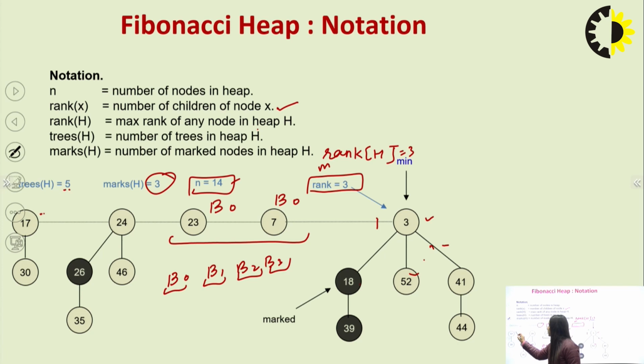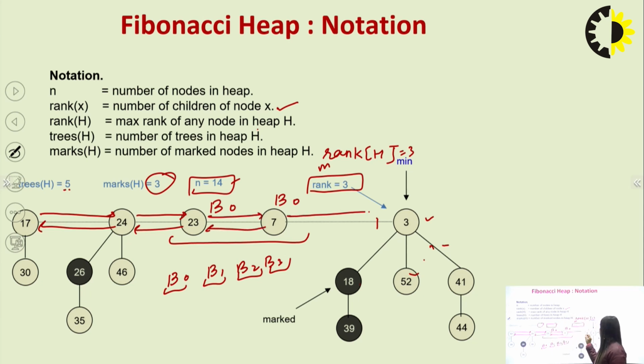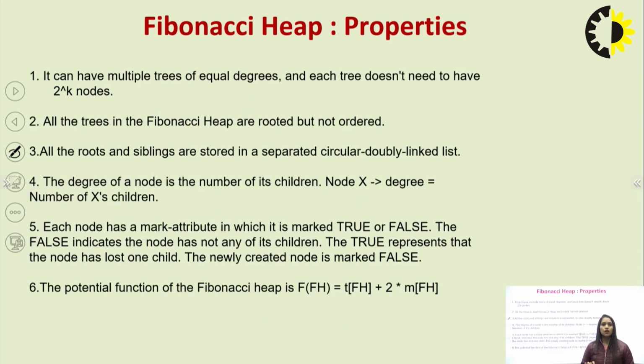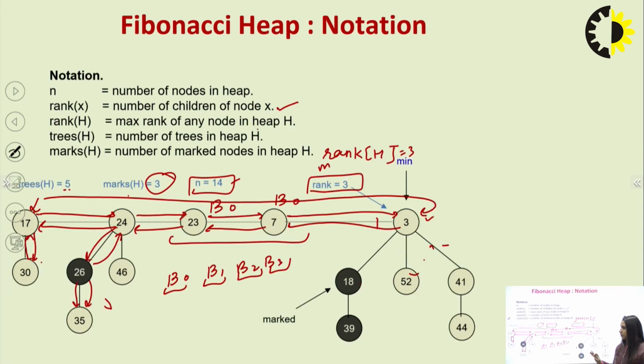Like this is connected as this, this is connected as this, in a doubly circular way, and this is connected as this, right? So we connect all the nodes, we store all the node values in a circular doubly linked list in this way.